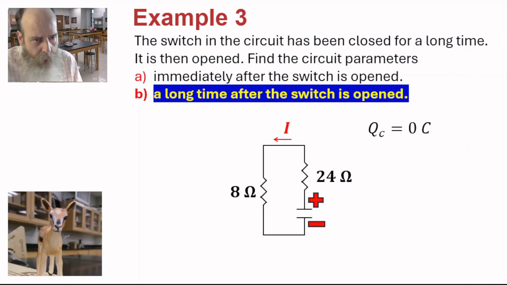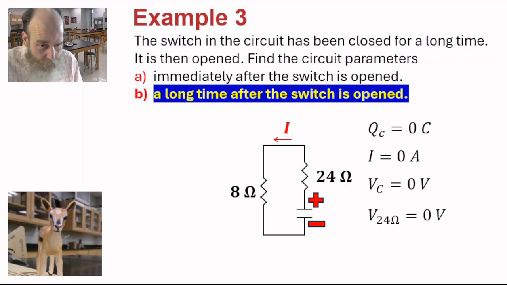So after a long time, the charge Q is going to be 0, the current is 0, and with zero current and 0 charge on the capacitor, the voltage of the capacitor is going to be 0 volts. And with no current in the circuit, the voltage across the 24 ohm resistor is 0 volts, and the voltage across the 8 ohm resistor is 0 volts.